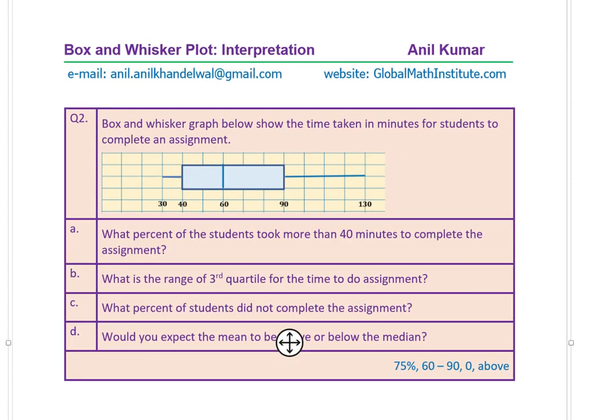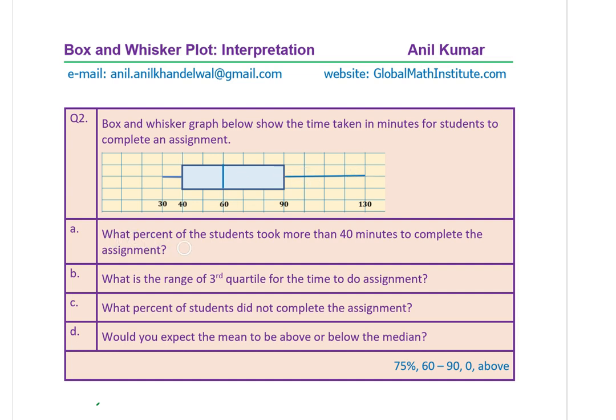Now let's take the second case. I hope you have understood how we interpret a box and whisker plot. Again, we have a box and whisker plot. This time it shows the time taken in minutes for students to complete an assignment. Based on this, we again have four questions.